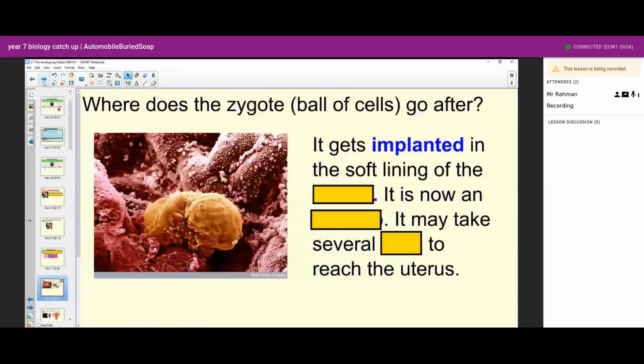After fertilization, the egg and the sperm cell turn into what's called a zygote, which is a ball of cells. It then gets implanted into the soft lining of the uterus of the woman, which is the soft lining inside the womb.